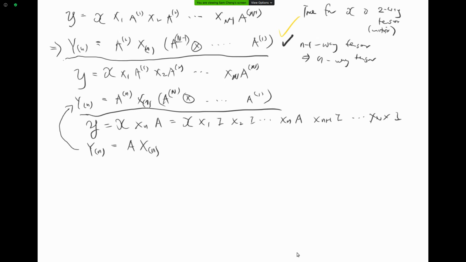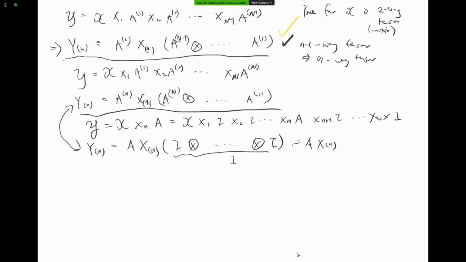Then by this general equation, Y(n), the mode-n matricization of Y, is equal to A multiplied by X(n), and then the product of these identities. But the Khatri-Rao product of the identities is just identity, so this would be gone, and it's just equal to A X(n), just what we have earlier.